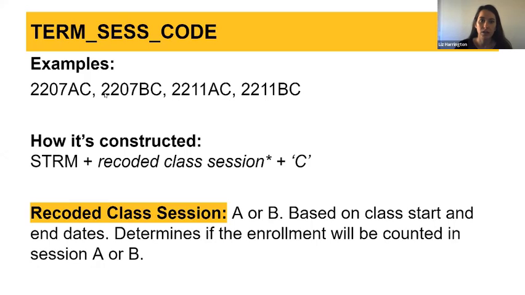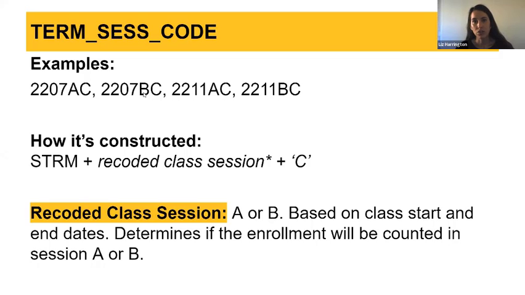Occasionally, you might see 2207 AC and 2207 B without BC. What that means is that C session enrollments are only captured in the A time period, not in the B time period. So that's just a bit about session.